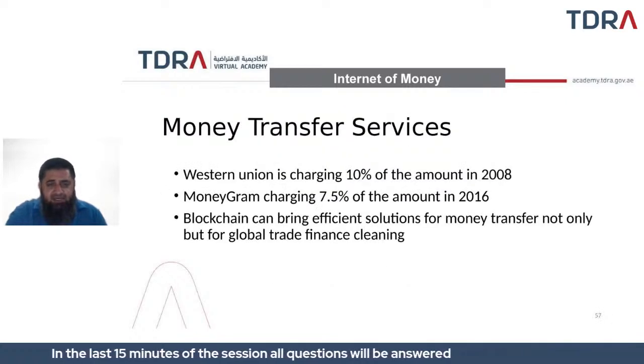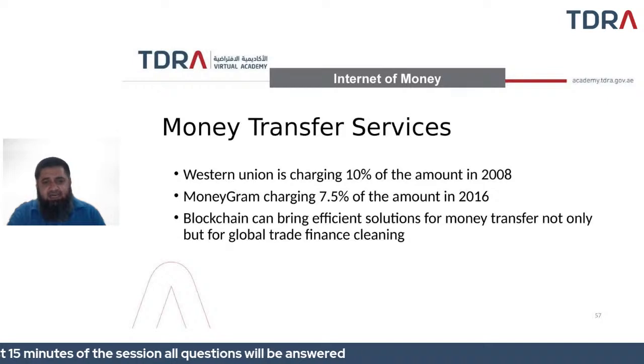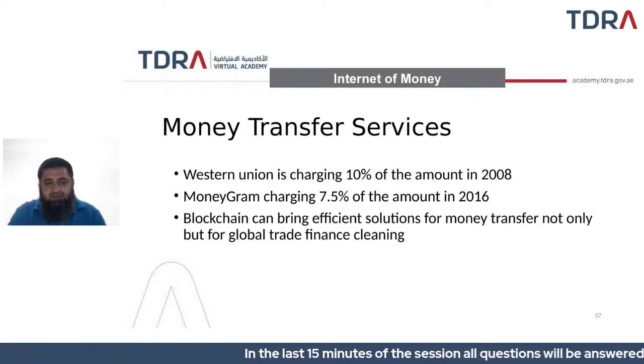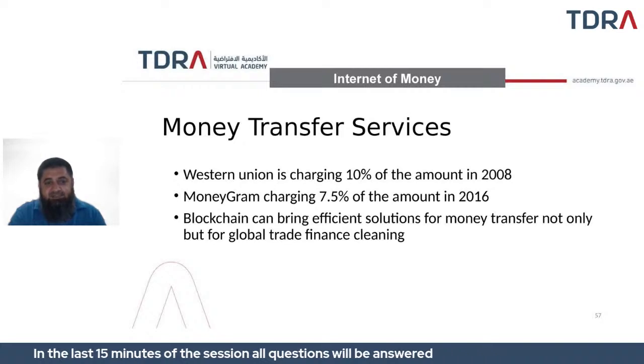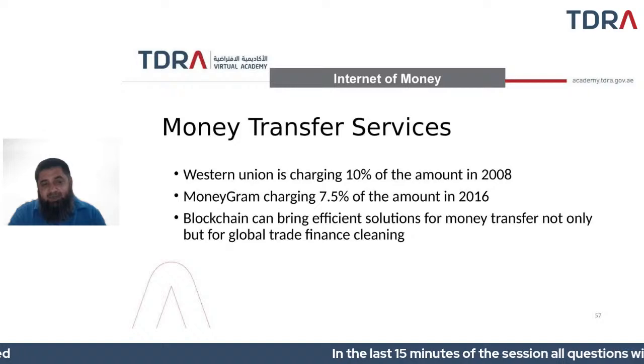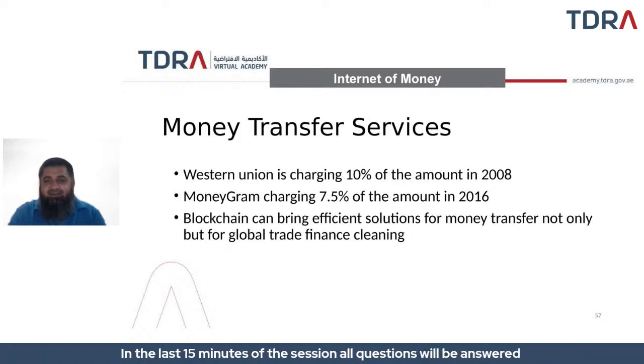There are many money transfer services that we are using. For example, we all know about Western Union, which is used to send money from one part of the world to another, but they were charging 10% of the amount sent. If I send 2000 dirhams to another country, I have to pay 10% of that, which is 200 dirhams as a fee.